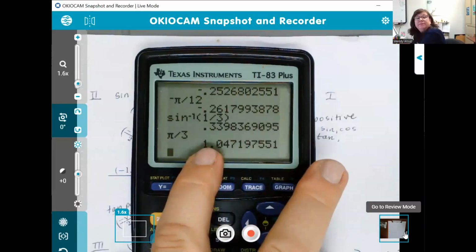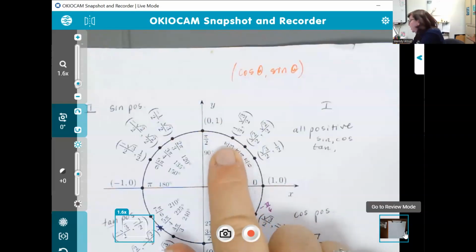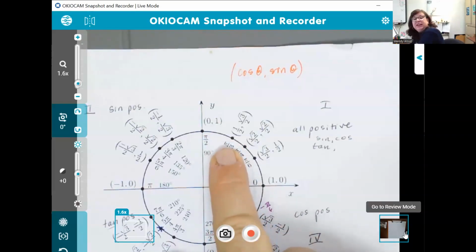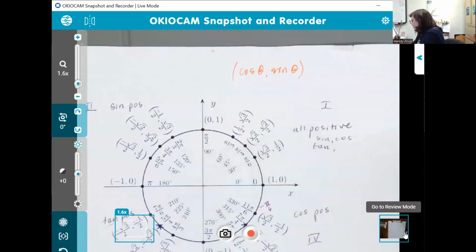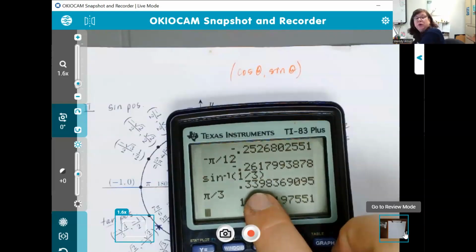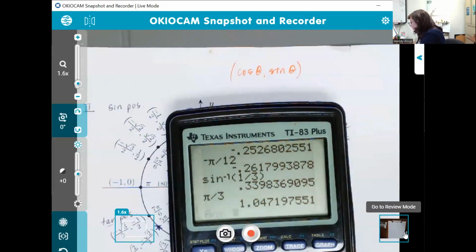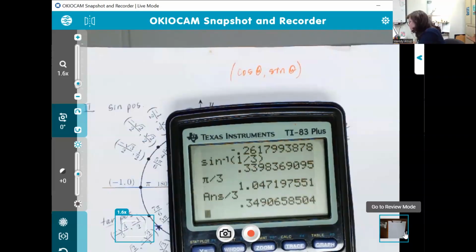That's about 1 radian. We have about 0.34, roughly 1/3 of that. So let's divide that by 3 again. That would get us really close.